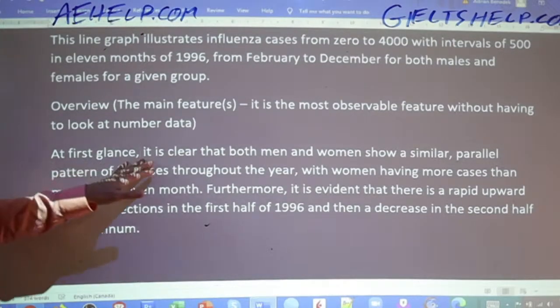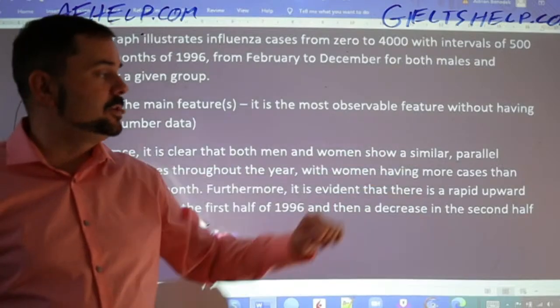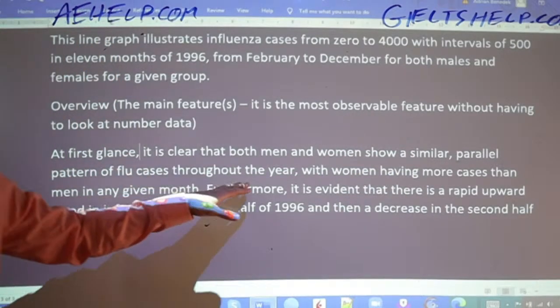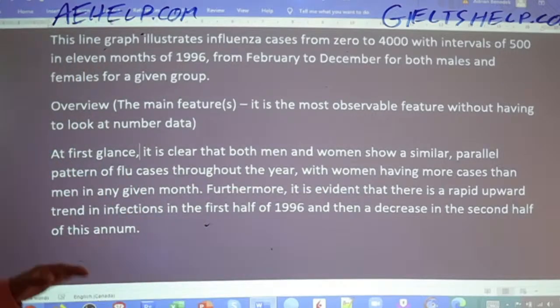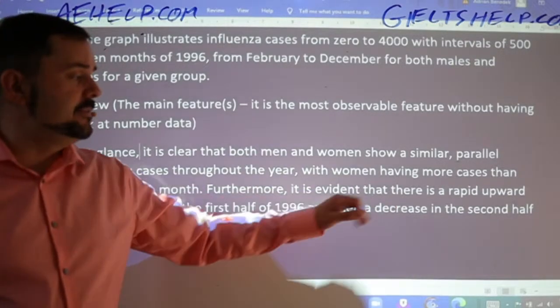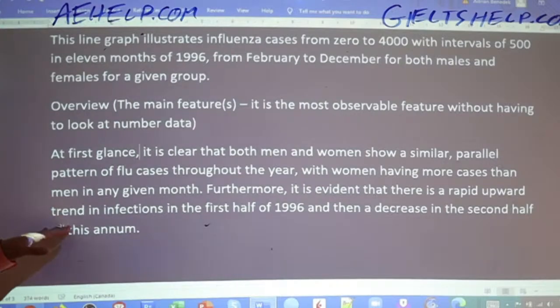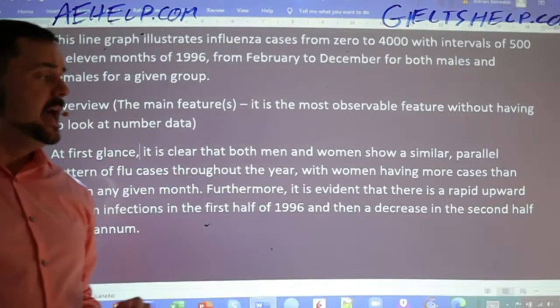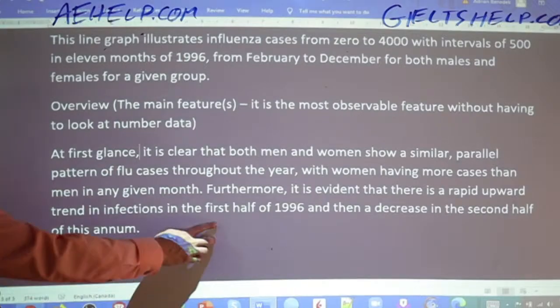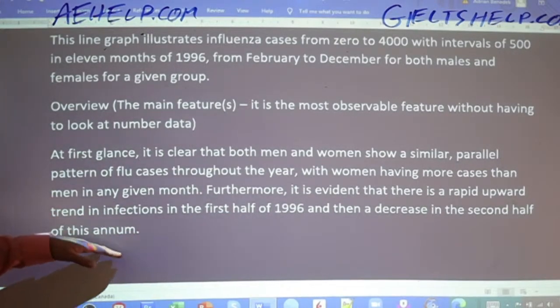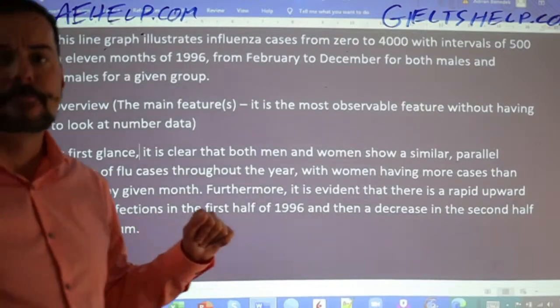So at first glance, it is clear that both men and women show a similar parallel pattern of flu cases throughout the year, with women having more cases than men in any given month. Furthermore, it is evident that there is a rapid upward trend in infections in the first half of 1996, and then a decrease in the second half of this annum. Annum meaning year. It's a paraphrase, okay?